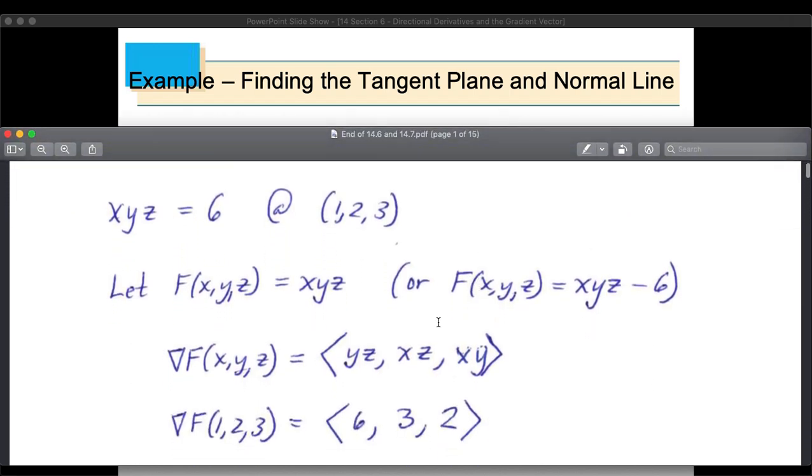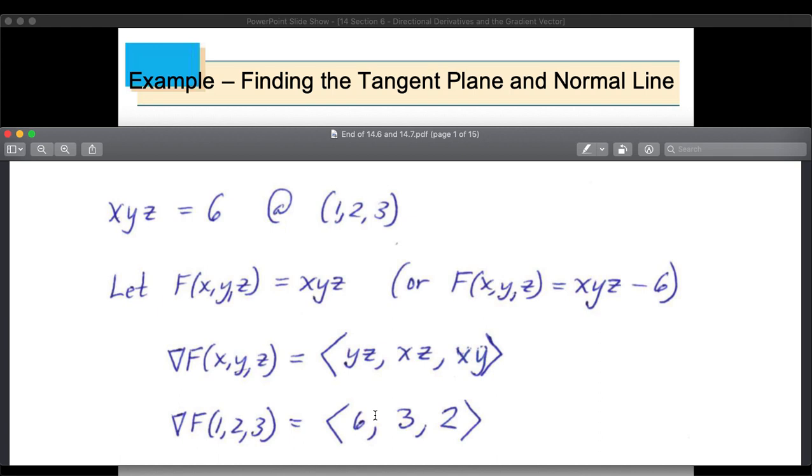Now once we do that, we plug in our specific point, (1, 2, 3), and we get this value right here. Now, something that we should know is that once you have this value, you're essentially finished.